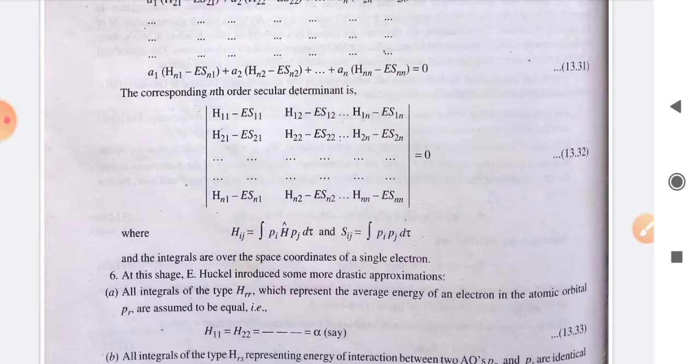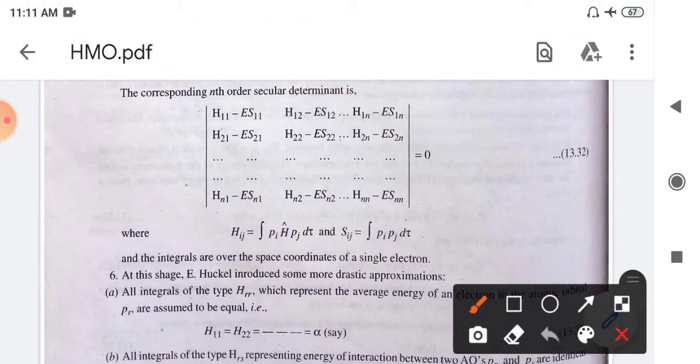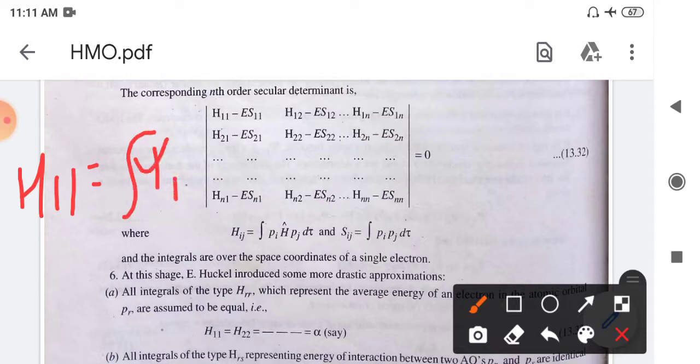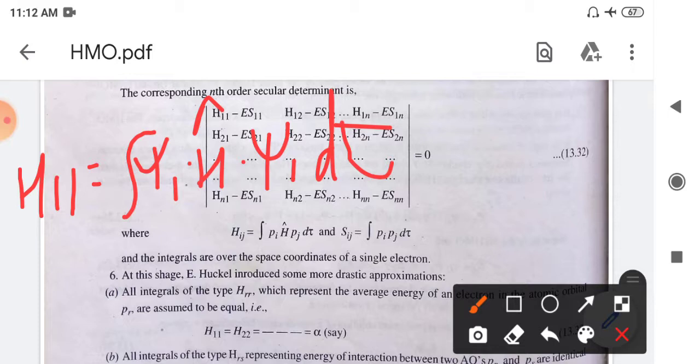Here quite different terms are involved, like h11 and s11.